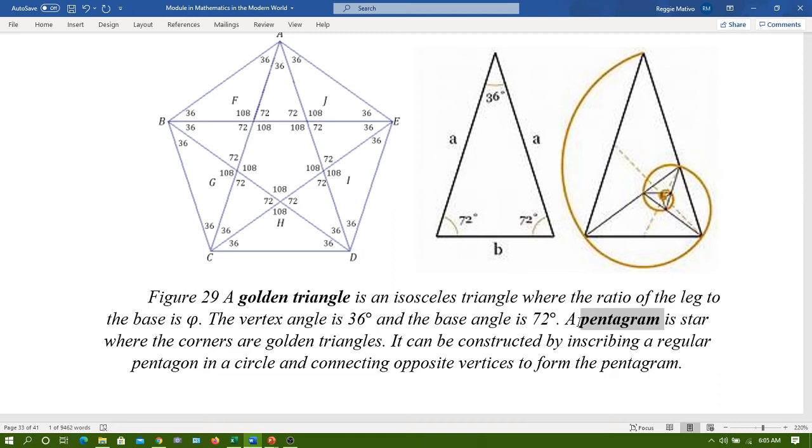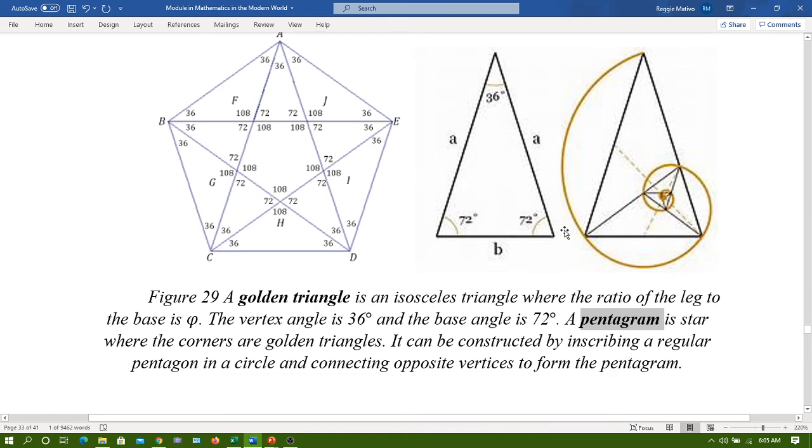So the pentagram, notice all these figures and distribution of the measures of degree. So 36, 36, 36, 108, 72. There are supplementary and complementary angles here.